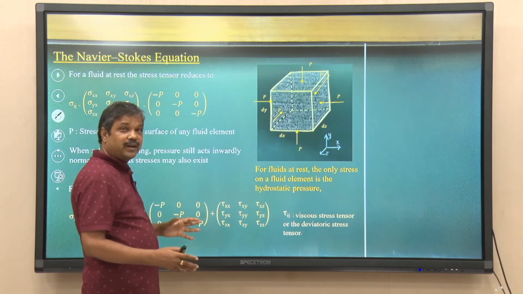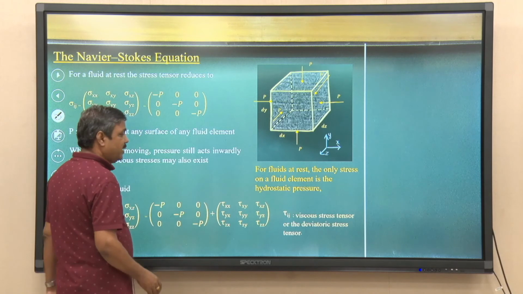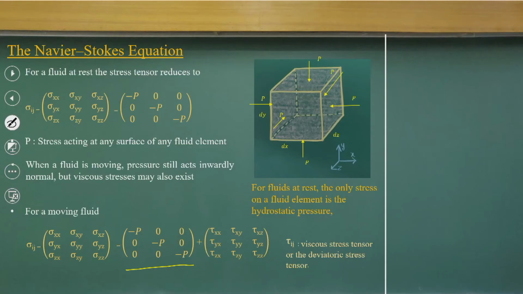So, it will have 2 components: one will be the pressure function, similar to when it remains at rest, and as it is moving, you have the viscous stress tensor. That is the viscous stress tensor we will get, which has the same notation. If you just look at the stress tensor, it is also easy to write. Do not get too confused.